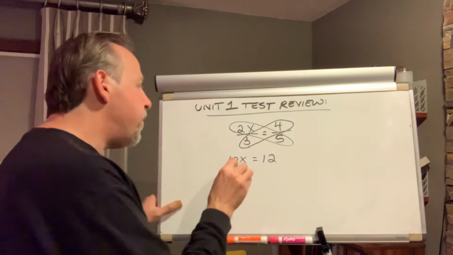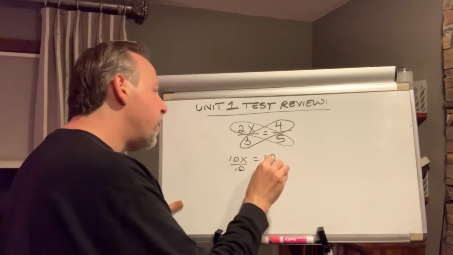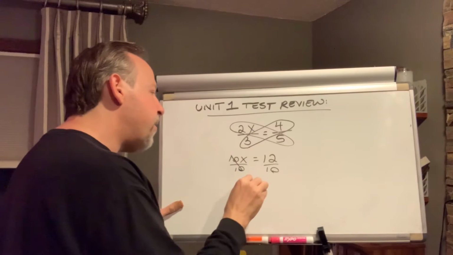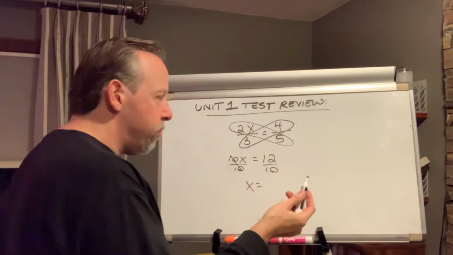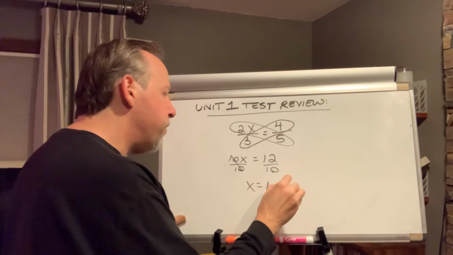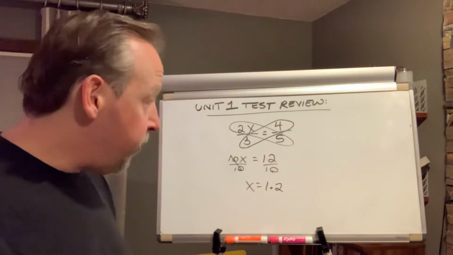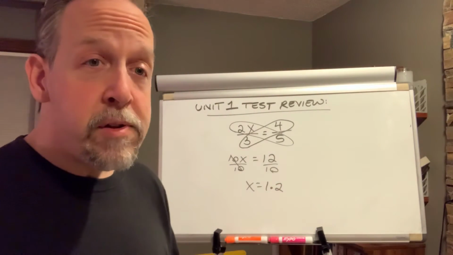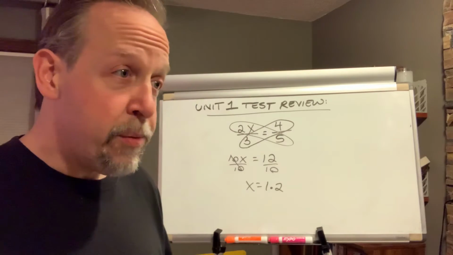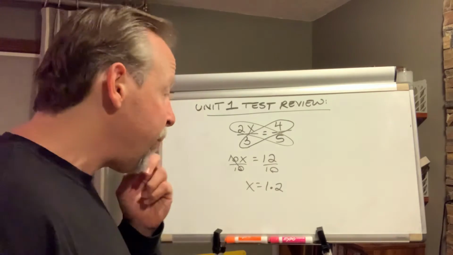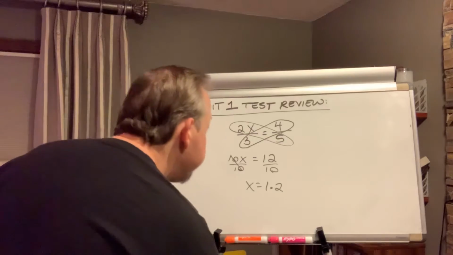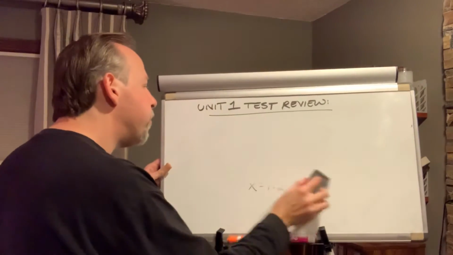So I divide by the coefficient, which is 10, and I get that x is, you could say 1.2, it's fine. You could also have reduced the fraction to 6 over 5. That's fine too. Or 1 and 1/5. That's also fine. But that's the answer. And that's proportions.